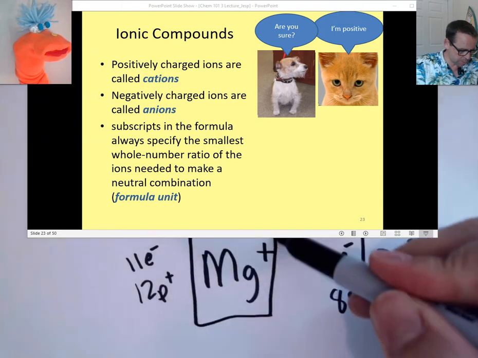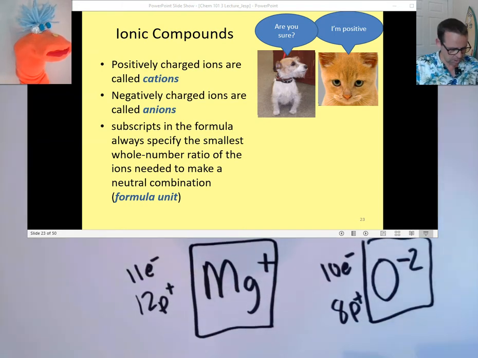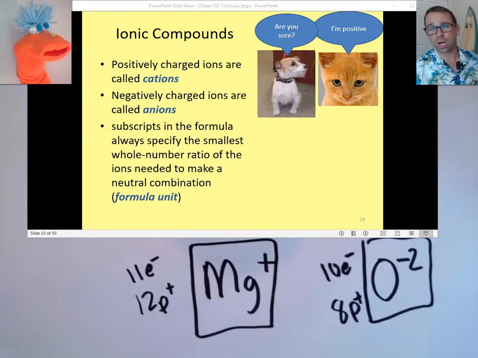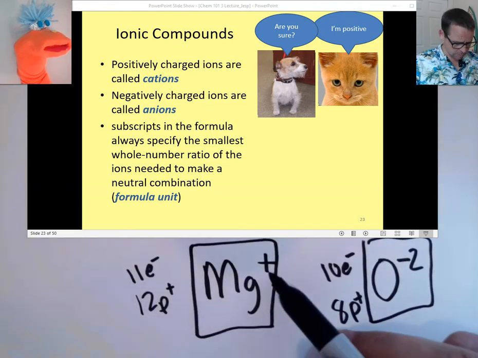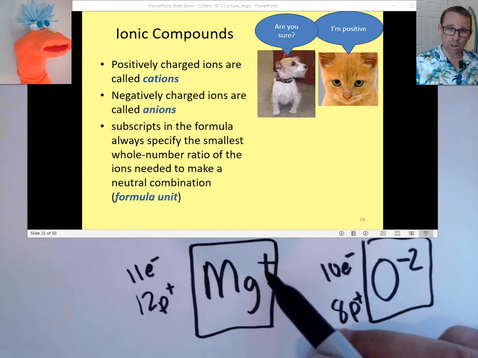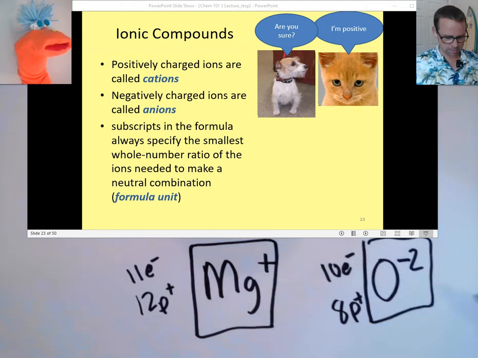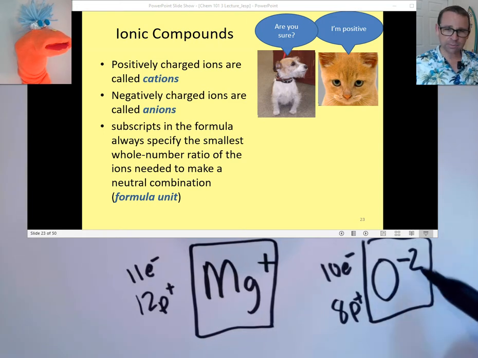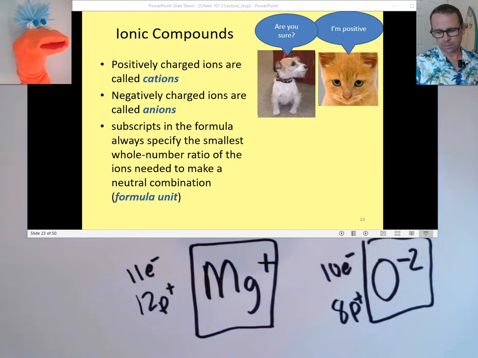I'm just writing those down, so I'm going to put a little box around those to make sure that you see that I'm just trying to indicate the number of protons and electrons in these species. So, magnesium ions, or any ion that has a positive charge, we call a cation, while an ion that's negatively charged we call an anion.